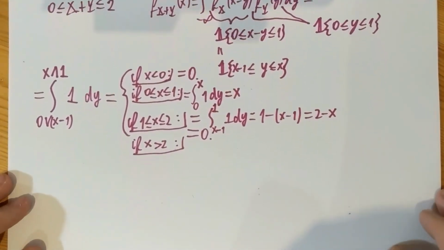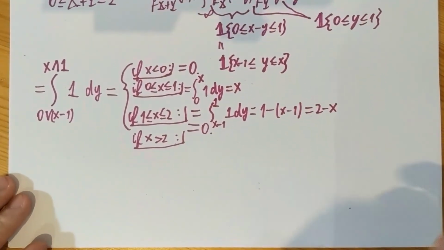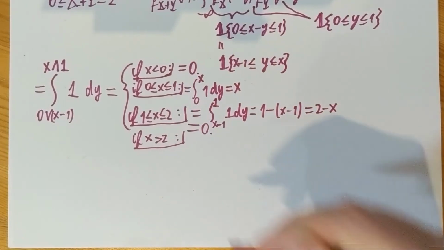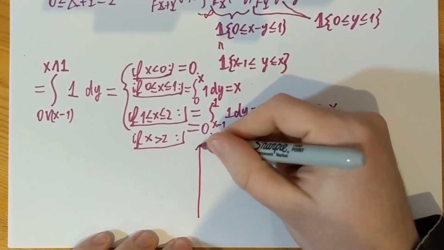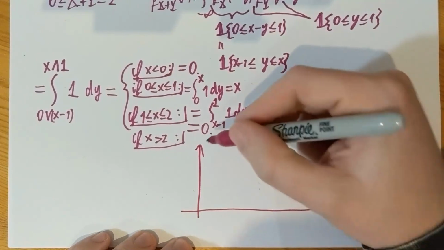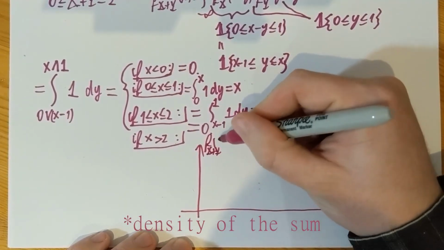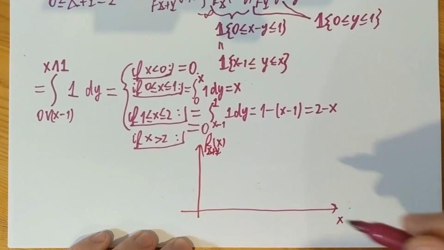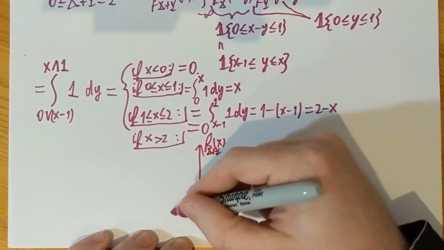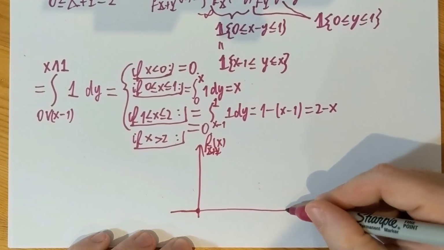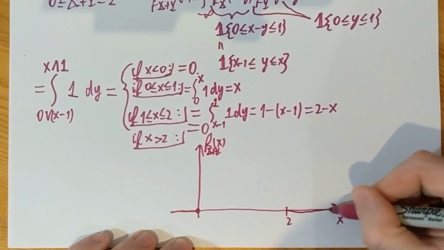I can look at either of these two cases at x equals 1. And so let's plot this function. The density f of x plus y at x is going to be 0 up to 0, and then 0 above 2.